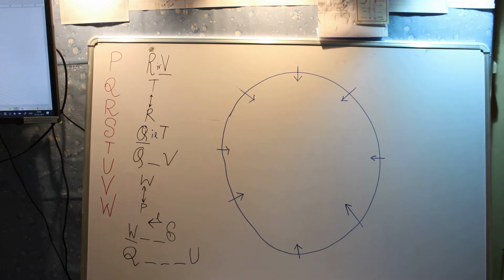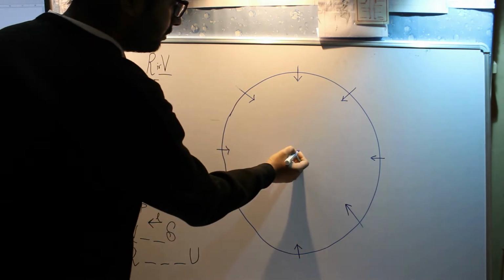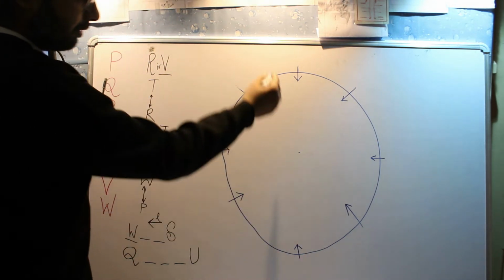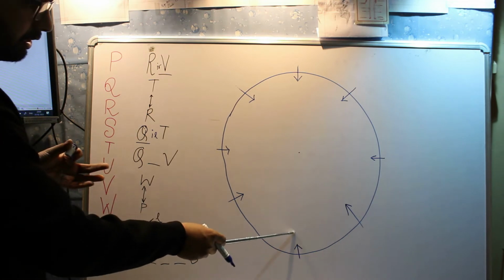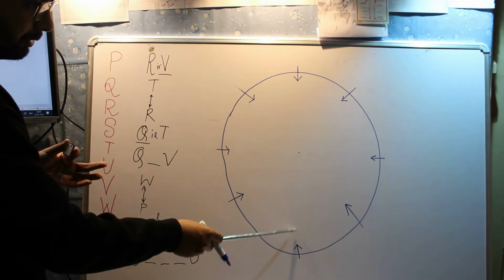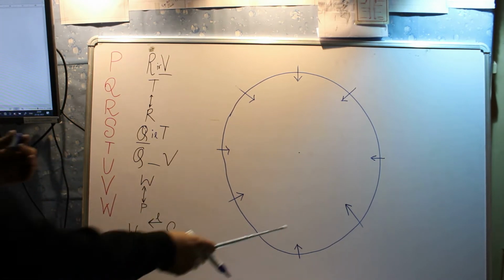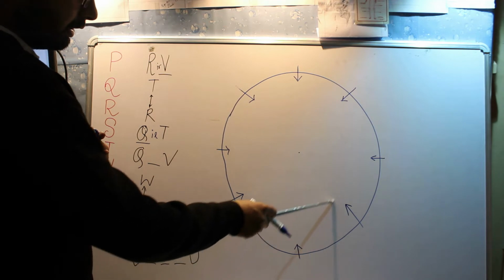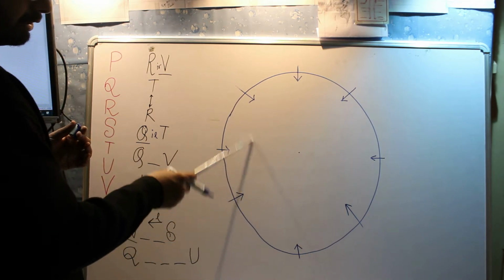One thing before I start making this arrangement, I'd like to tell, if this is the center and all of them are facing towards the center, considering this person, as this person is facing towards the center, the right side of the person is this and the left side of the person is this.